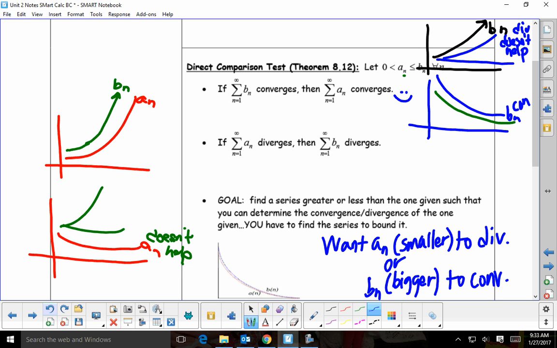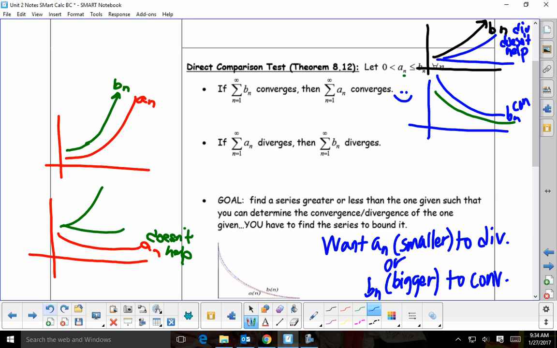If b sub n is converging, then a sub n has to. If a sub n is diverging, then b sub n also has to. Those other two pieces of information don't help me any.